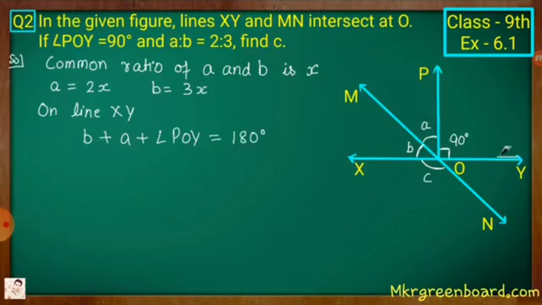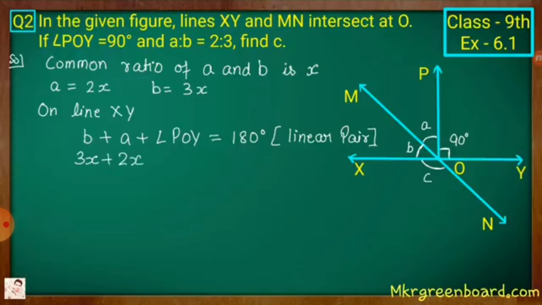See the XY line, children. On the XY line we write the linear pair of angles. What are the linear pair of angles? That is XOM, MOP, POY. So we know XOM is b, MOP is a, POY is 90 degrees.